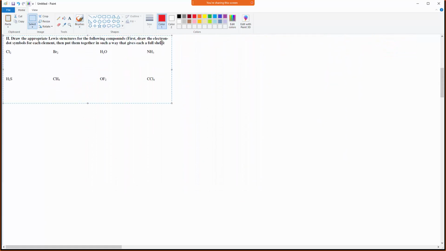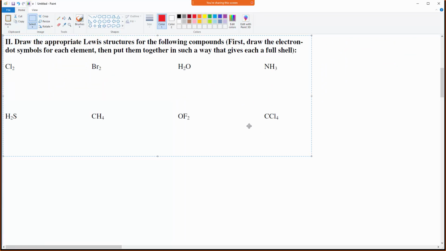All right, let's try this right here. I don't know if I can get a bigger one here. Oh yeah. Okay, so this is, again, directly from your worksheet. We're going to draw the Lewis dot structures for these compounds, and we're going to do it this time by doing what I did above, which is I'm going to write the individual ones.